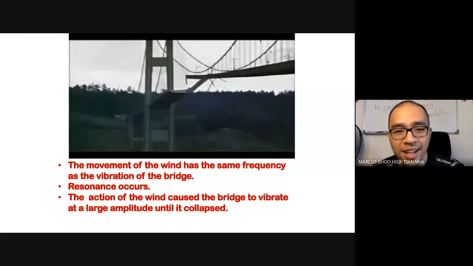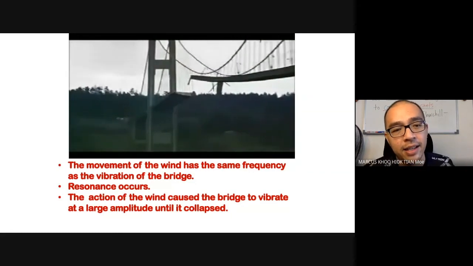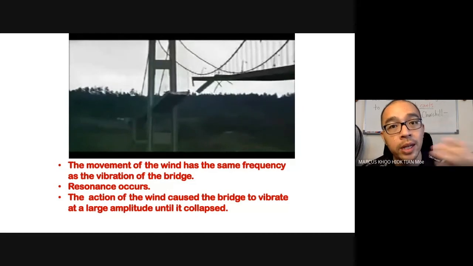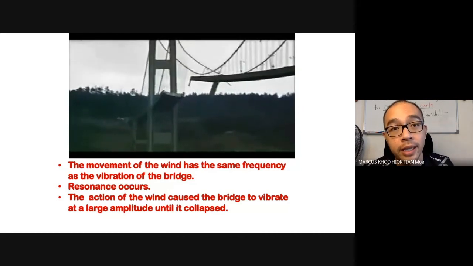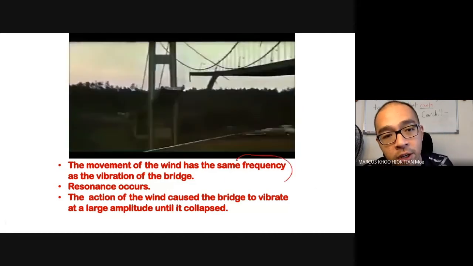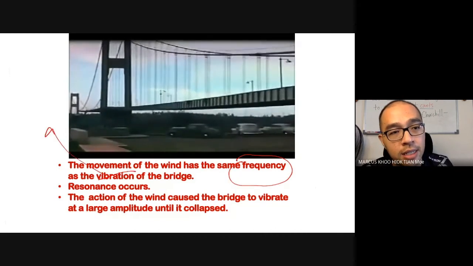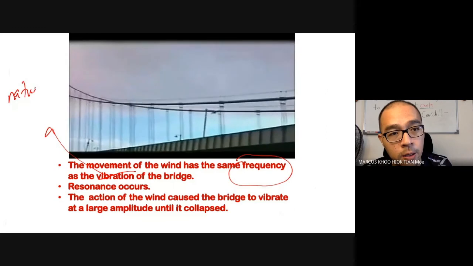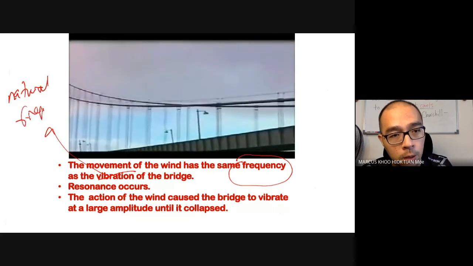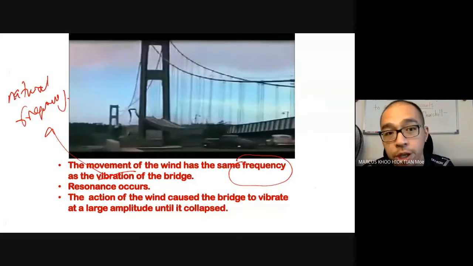What is happening here is that the wind, when it is blowing, happens to have the same frequency as the, sorry, this is not correct. This is the natural frequency of the bridge.